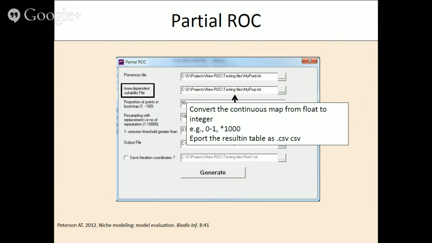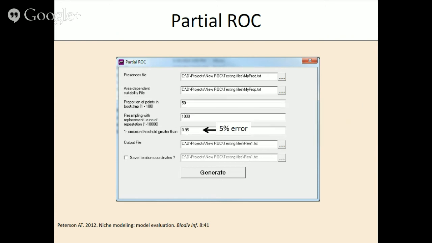We can do that by multiplying by 1,000 or 10,000 and then converting the table of that raster file to a text file. Then we choose the error and we establish the output for the result, and we can generate the output.